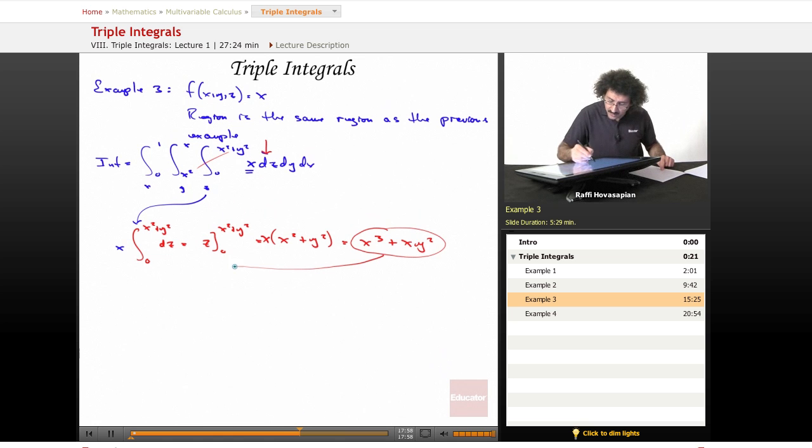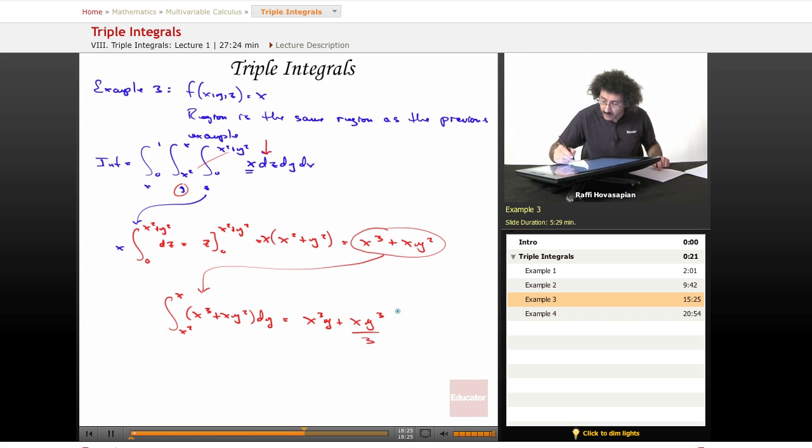So now I'm going to go ahead and drop this in here. So I'm going to get the integral from x squared to x of x cubed plus xy squared, and this time we're integrating with respect to y. So dy. Well, again, x is a constant. I'm integrating one variable at a time. So this becomes x cubed y plus x times y cubed over 3.